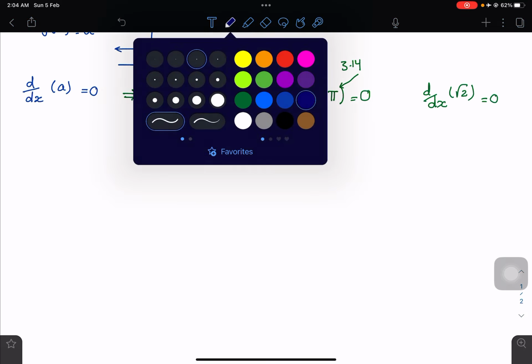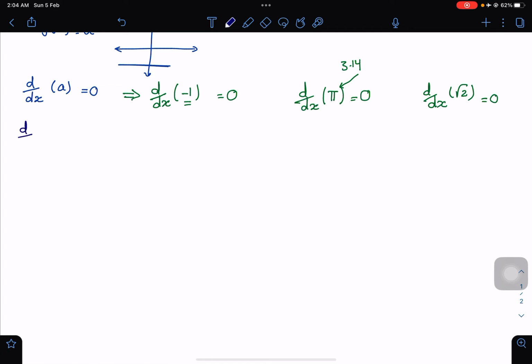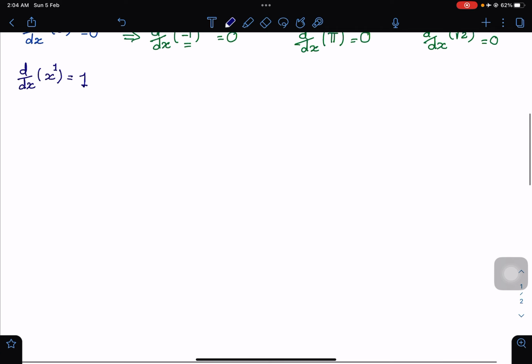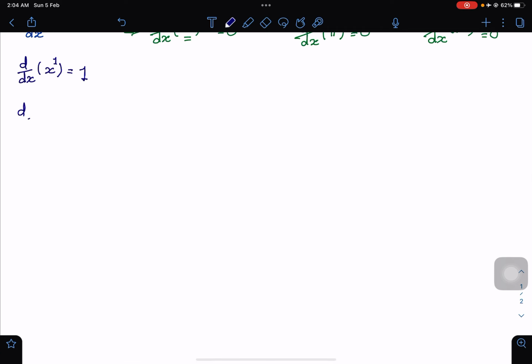A second rule: if I asked you to find the derivative of x only, x with power 1, directly the answer here is 1. But if I asked you to find the derivative of a number with x, directly the answer is the same number.